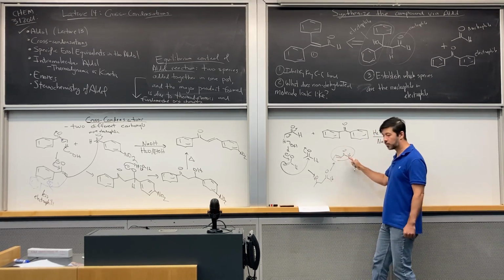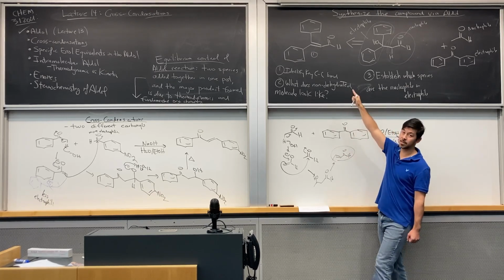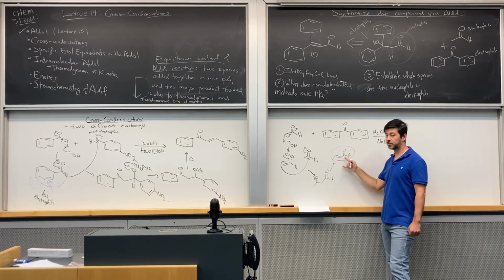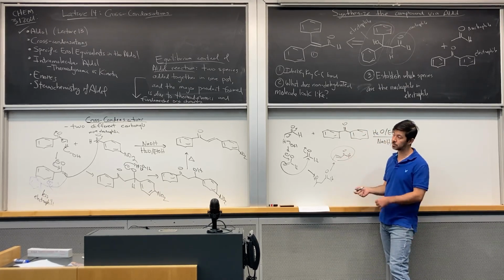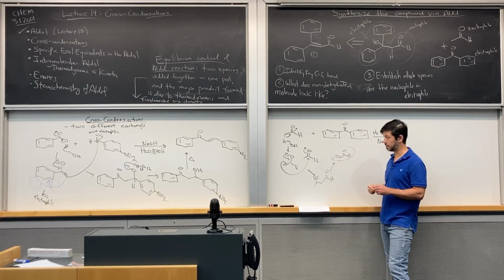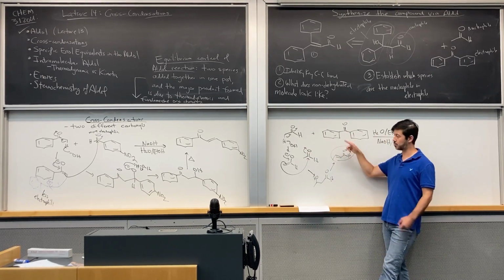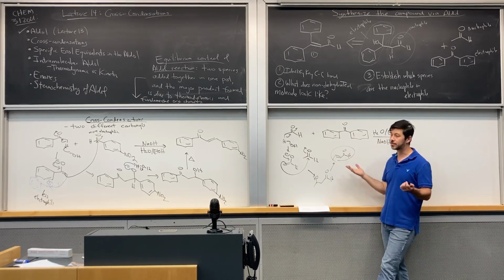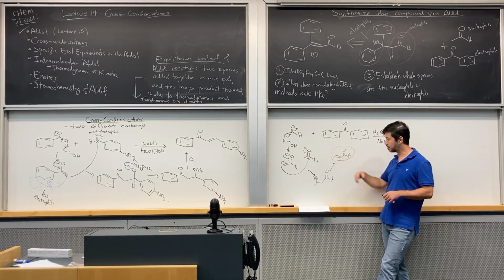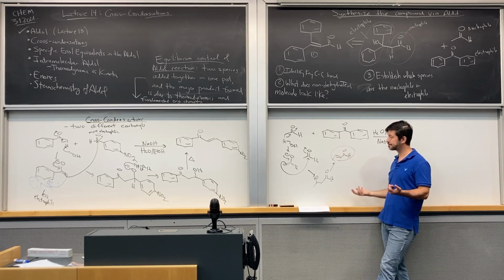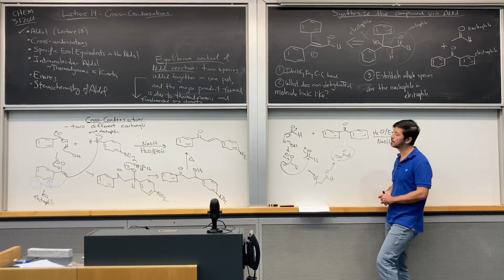And that's not what you want, right? You want to make this. This is actually the first product we made when we started this lecture, last lecture, lecture 13. So in other words, you're just getting self-condensation, and this molecule here is just watching. It's just a spectator molecule, enjoying the fine reaction of these two molecules. So how do you solve this problem?